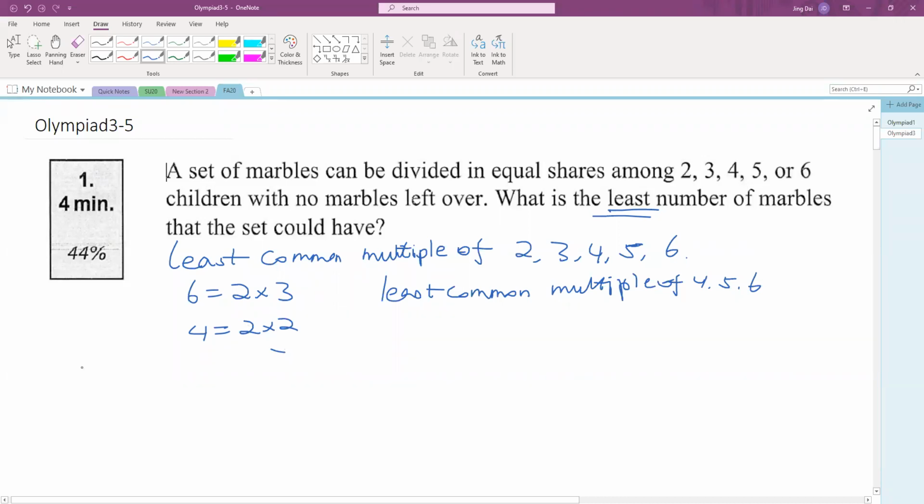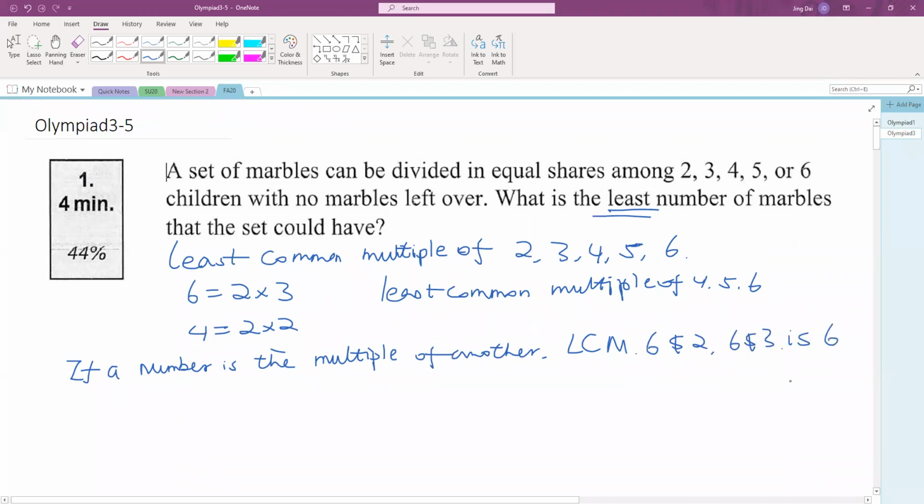And if a number is the multiple of another number, such as 6 is the multiple of 2 and 3, then the least common multiple between 6 and 2 or 6 and 3 is just 6, right? So this whole thing reduces to what? We're just looking for the least common multiple of 4, 5, and 6.